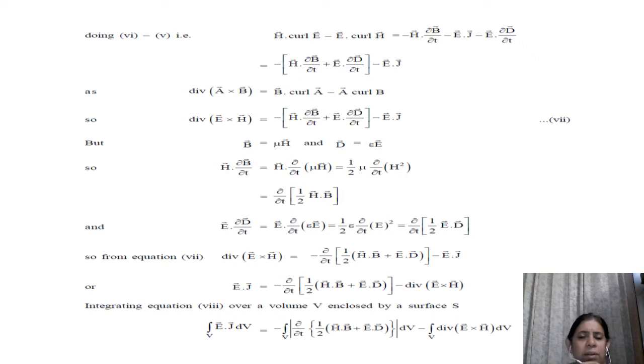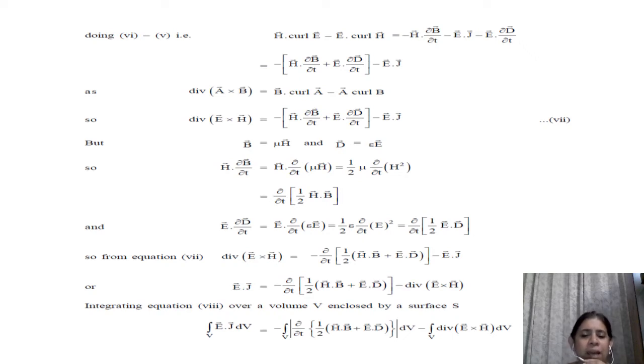Now instead of B, we write mu H, and instead of D, we write epsilon E. We substitute it inside. Since mu is a constant, it will come out, and in H dot del by del T of H, instead of that I'll write half mu del by del T of H square.